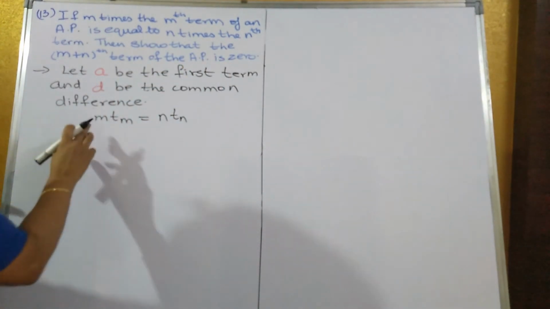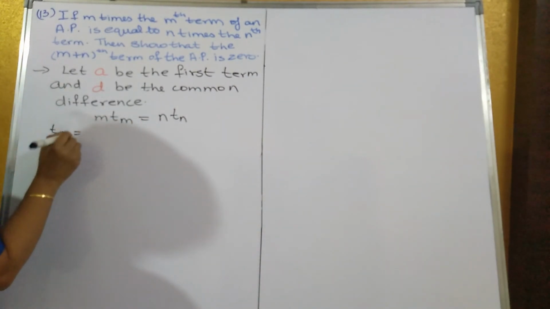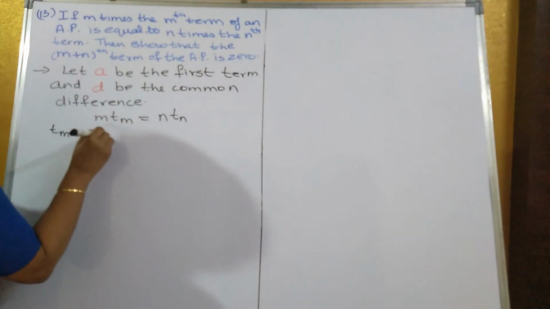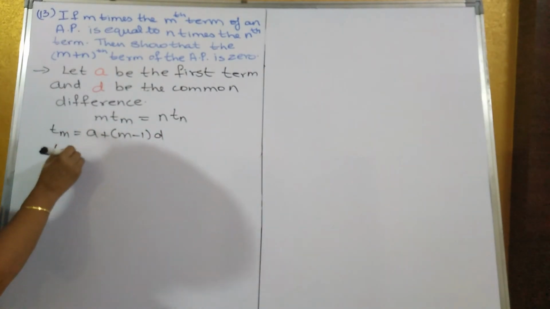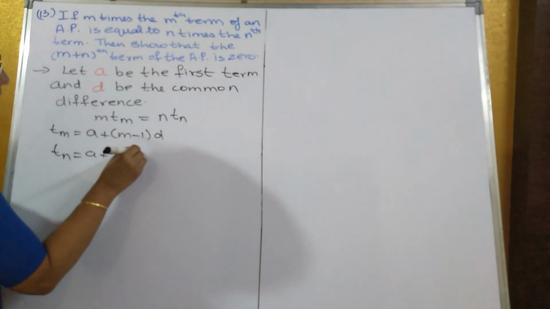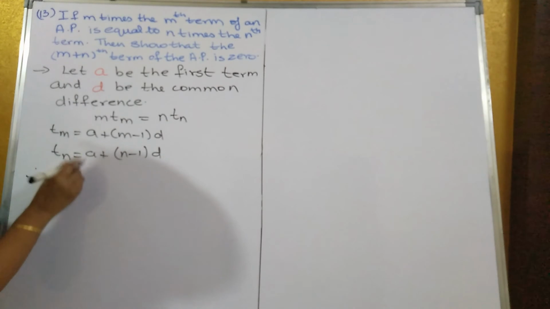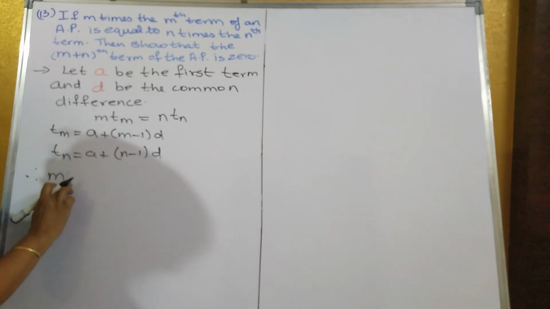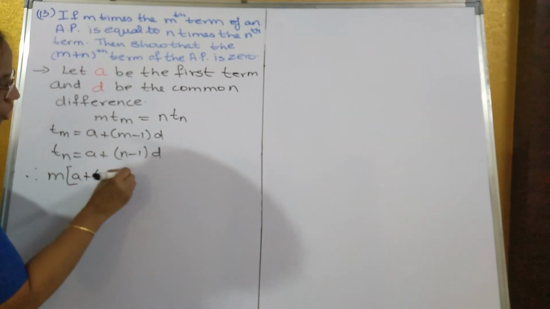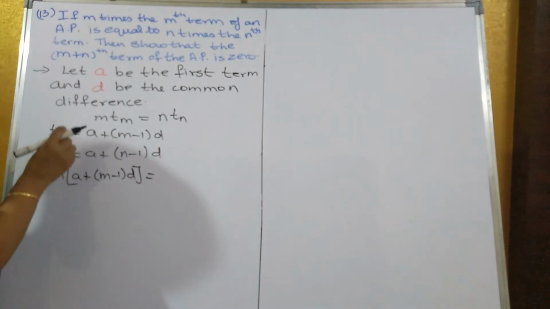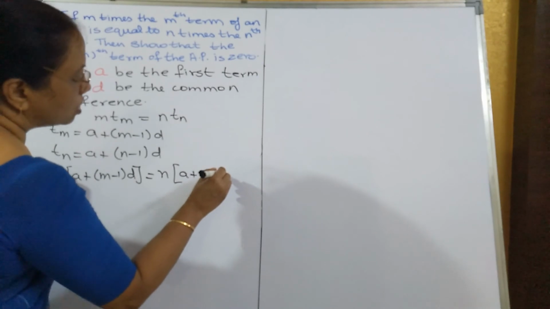So here m Tm is equal to n Tn. What is Tm over here? Tm is equal to, the value of n is m. So Tm is equal to a plus (m − 1) into d. And what is Tn over here? Tn is equal to a plus (n − 1) into d. Therefore m Tm means what? M into Tm we have got, a plus (m − 1) into d, is equal to n Tn, that is n into a plus (n − 1) into d.